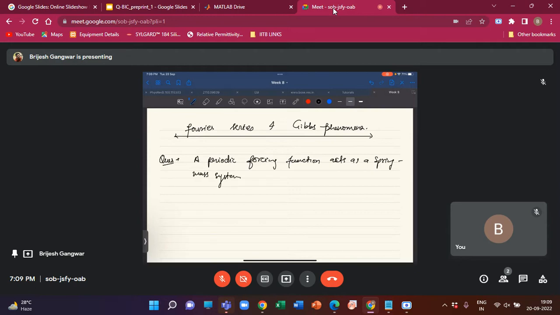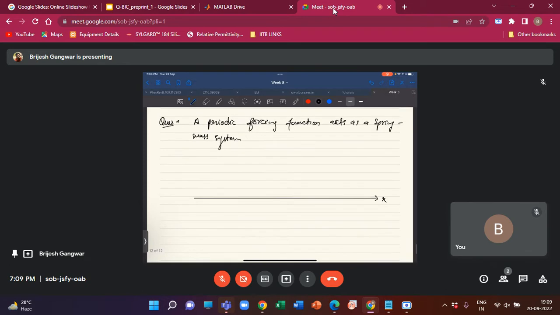This is given like this, one axis, and it is working like this.